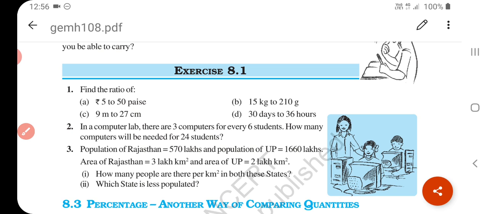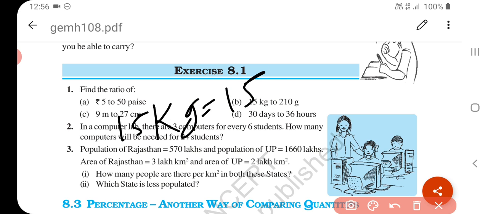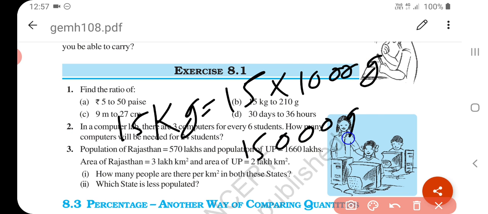Now 15 kg to 210 gram. So here one is in gram and one is in kg. So first you have to convert kg into gram. Okay, so 15 kg is equal to 15 into 1000 gram. So it becomes 15,000 gram. So you can write 15,000 is to 210.